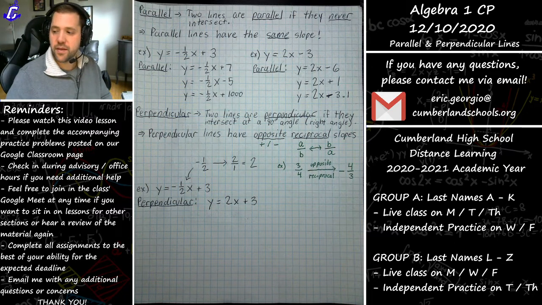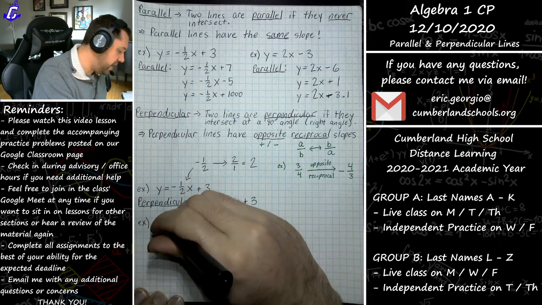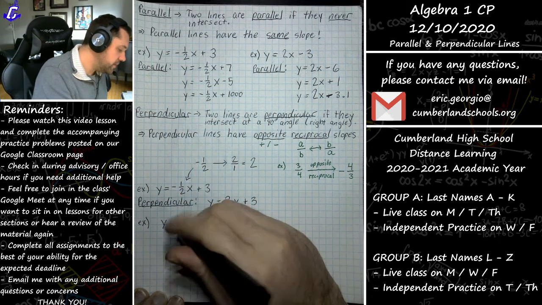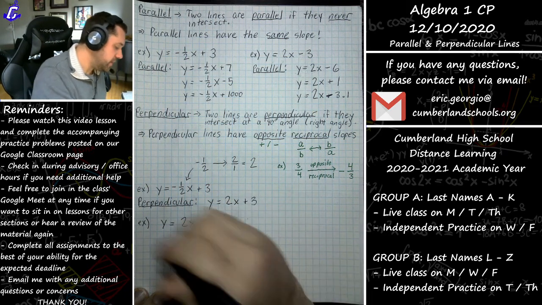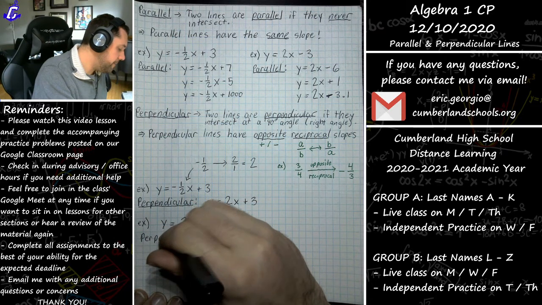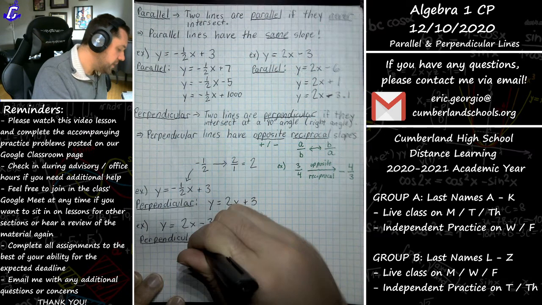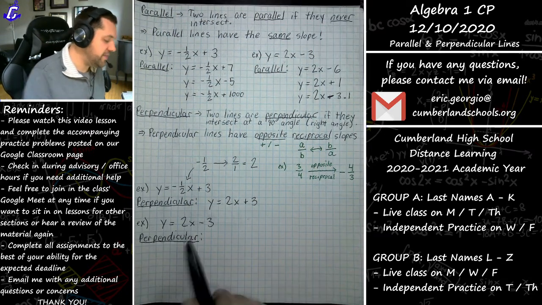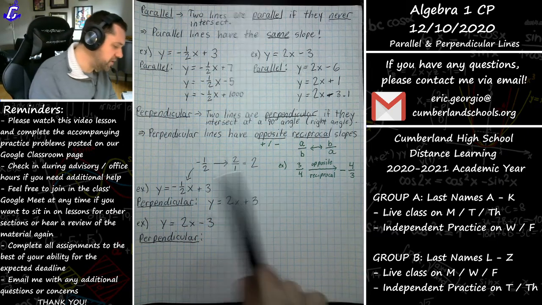All right? Let's look at our second example as well. Our second example of y equals 2x minus 3. Notice again, to find a line that's perpendicular to that, I would have to say, well, I need the opposite reciprocal of 2, but that looks a little familiar, doesn't it?